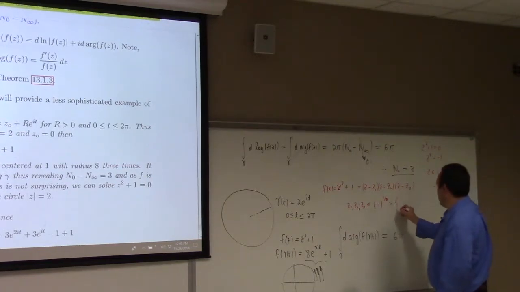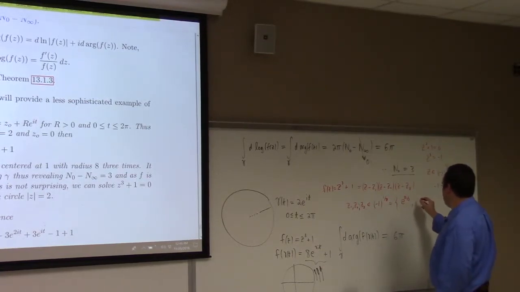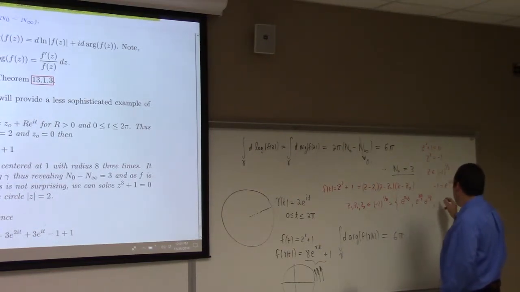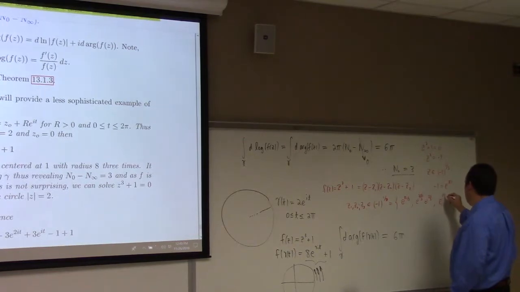So this, for what it's worth, is e to the pi i over 3 times e to the 2 pi i over 3 times e to the pi i over 3, and then e to the 4 pi i over 3 times e to the pi i over 3.